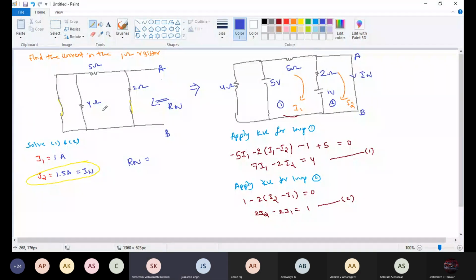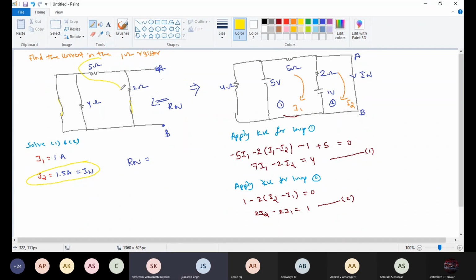1.6. 636. See, we need to calculate the Rn from these two terminals, A and B terminals. Now we can see 5 and 2 are in parallel.